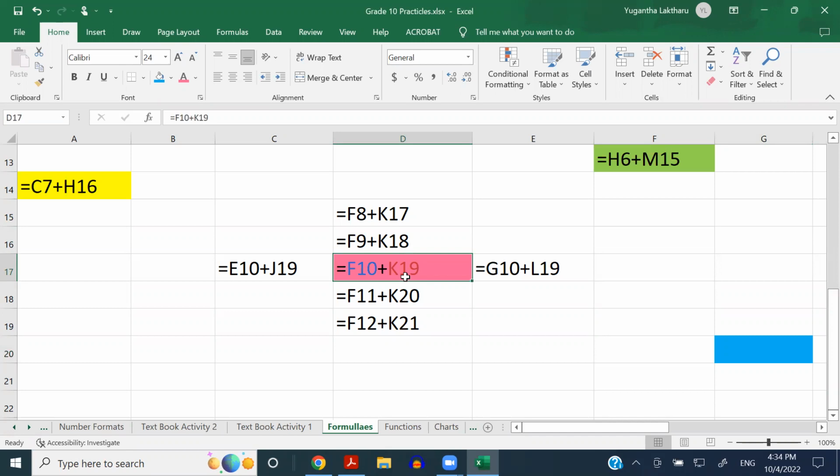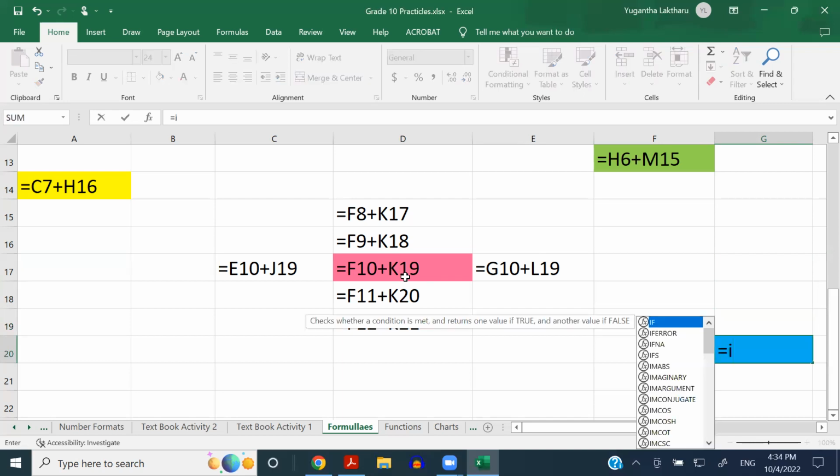So F10, G10, H10, and I10 over here. And since it is moving downwards, I10 is going to become I11, I12, I13. So this is going to be equals I13.